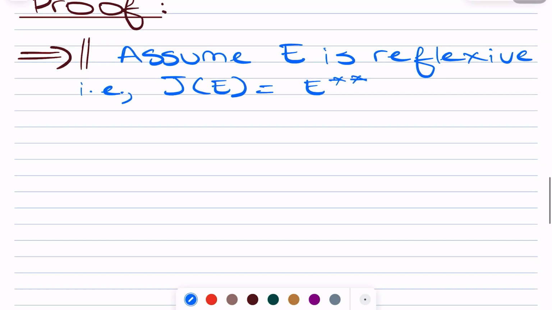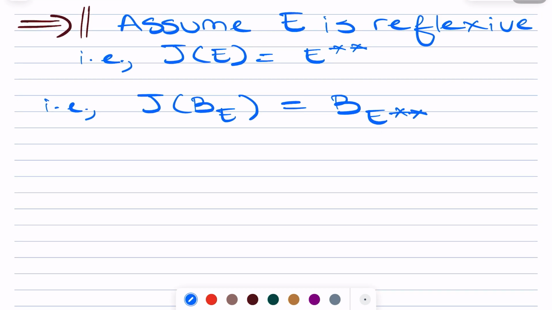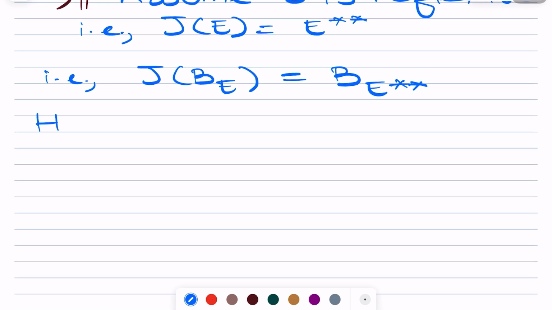So this means again that the image of the closed unit ball is nothing else than the closed unit ball in the bidual. By the way, you can actually see E star star as being the dual of the dual.